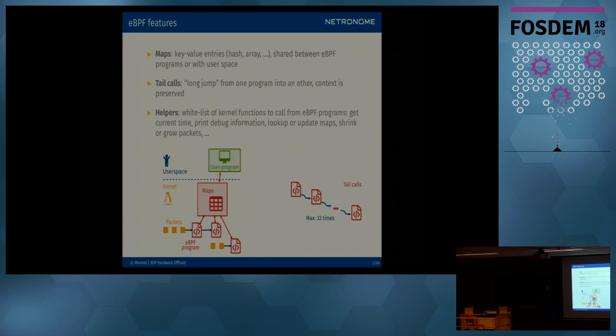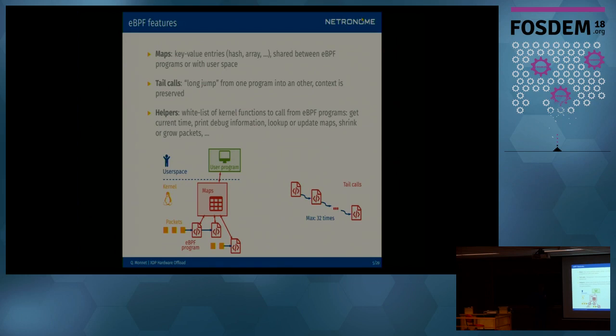We have, for example, hash maps, array maps, and a variety of other maps for some specific use cases. We have tail calls, which are some kind of long jumps from one program to another one. This allows for chaining several programs.